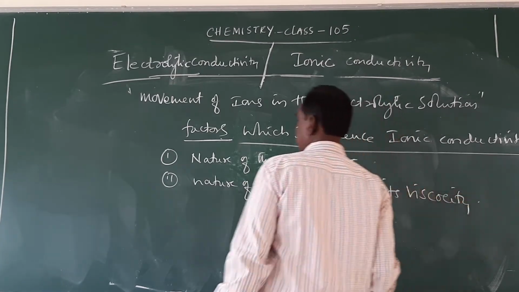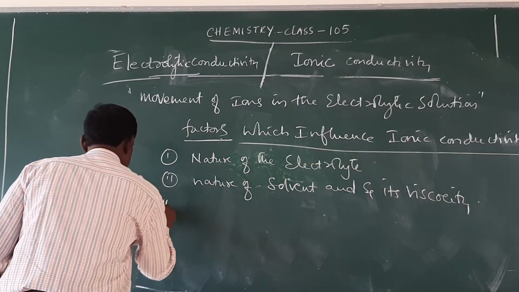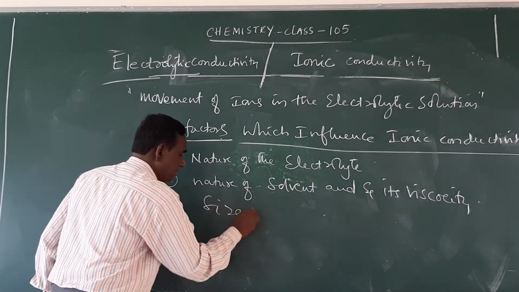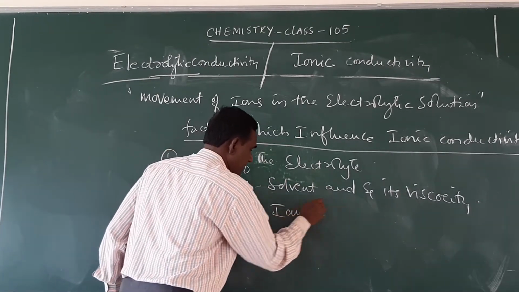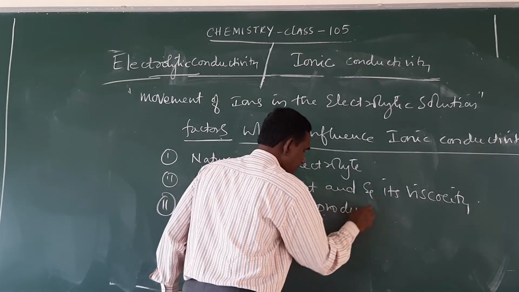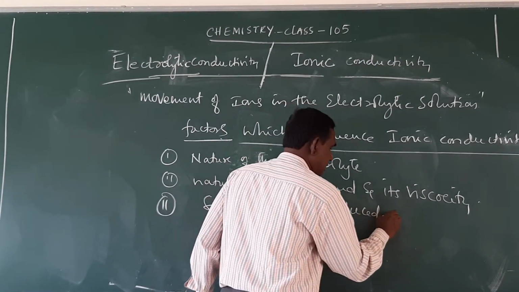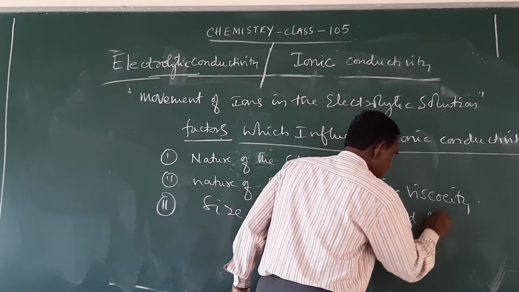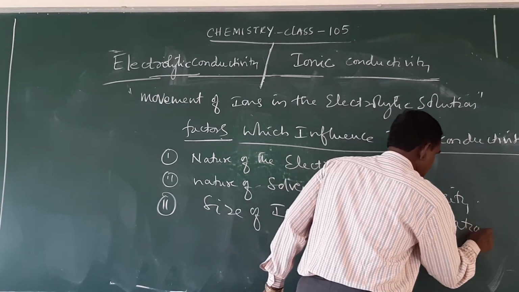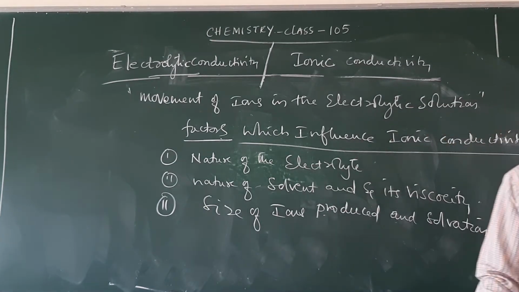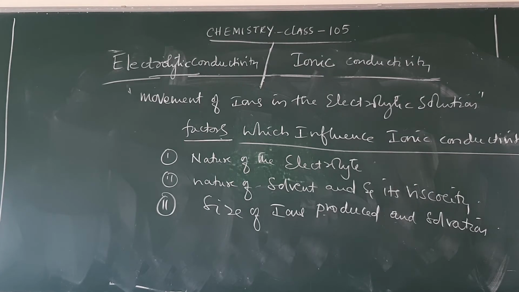So this is one point. The third one is the size of ions produced and solvation. How will the ions be solvated? Whether they are solvated easily, completely wetted or incompletely wetted.